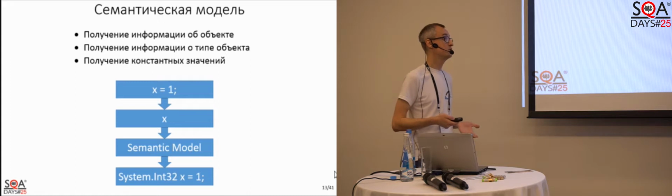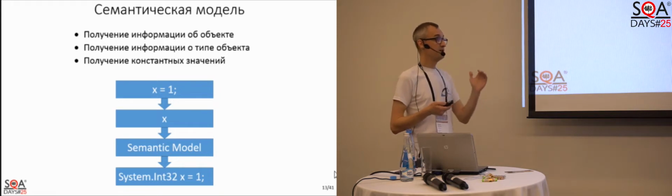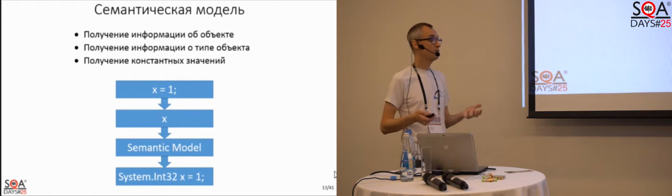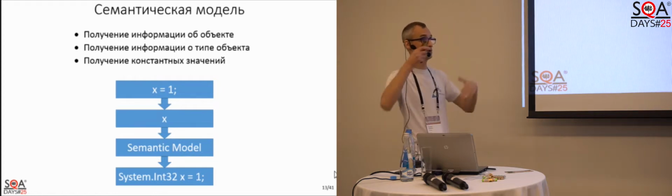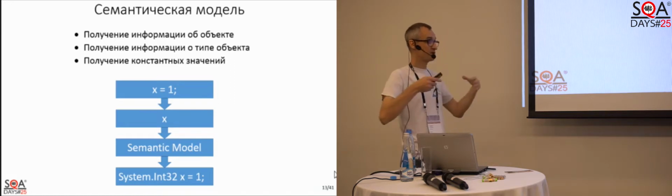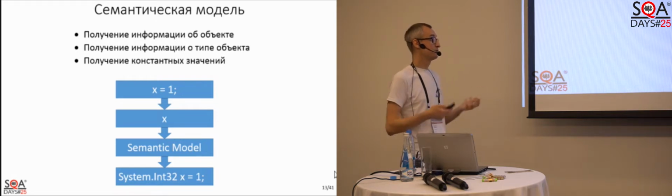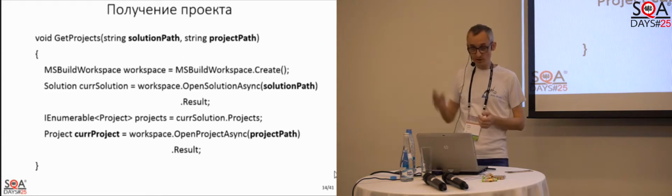These are the main elements of the semantic model. We can go up the tree and again find the x and try to understand that x equals int, but it doesn't always work this way with big semantic complications. That's why you need to process the project and get this information.